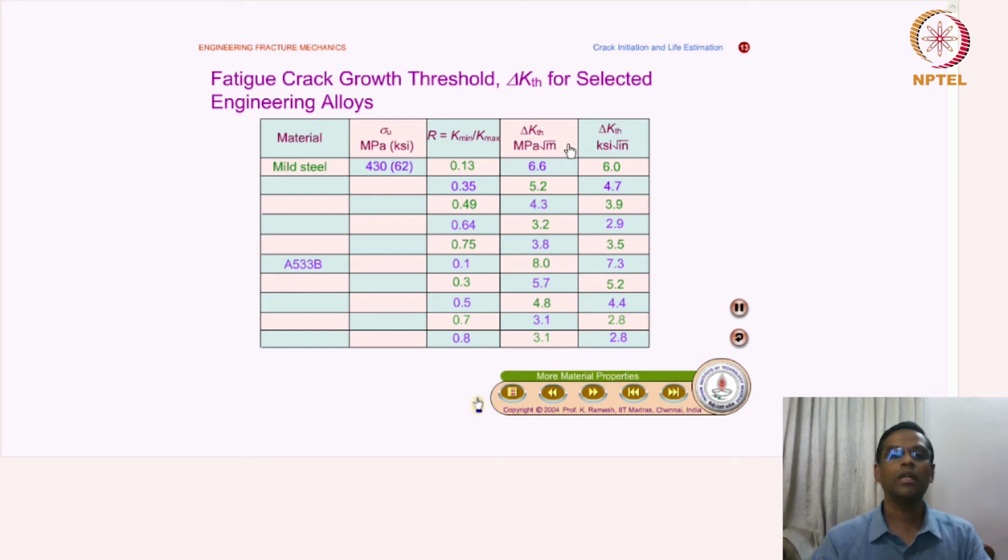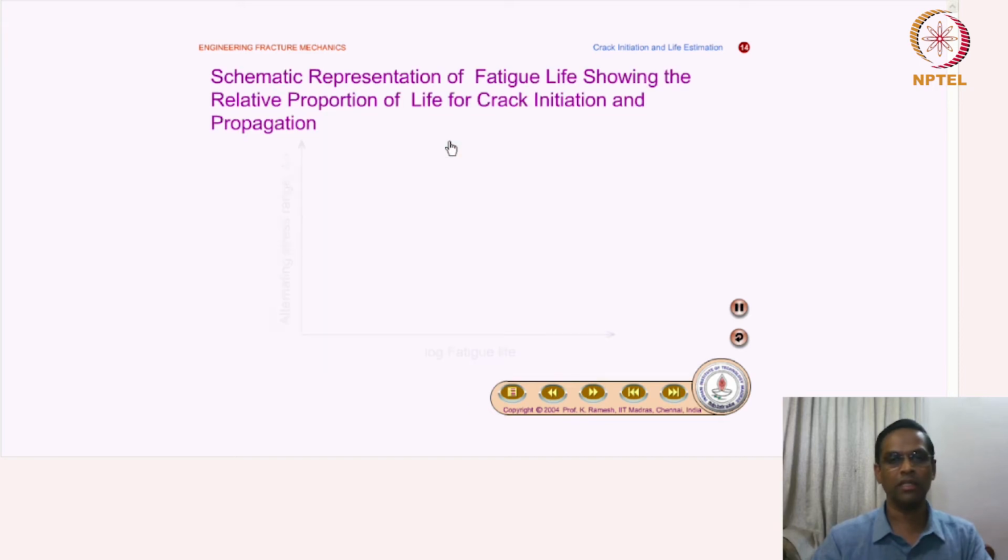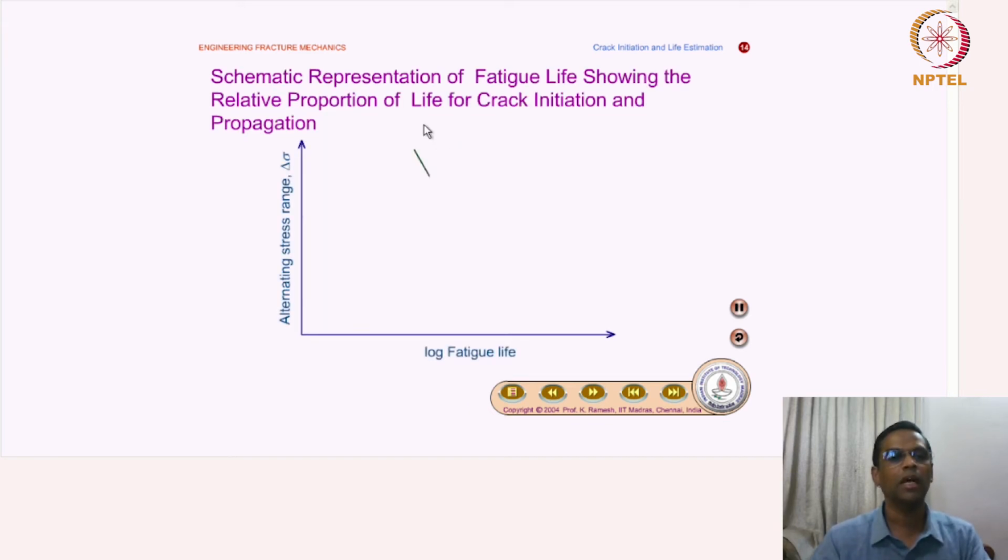You can see that delta K threshold is 6.6 MPa root m for mild steel, and this is for the other alloy. This is an R value, K minimum by K max. This R is different from what we have seen as resistance in fracture mechanics.